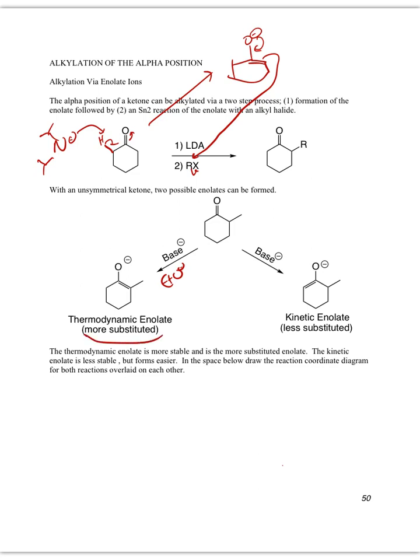The thermodynamic one is more substituted, more stable. The kinetic one is less substituted and is the easier one to form. And it just depends on what type of base we use. LDA would form the kinetic enolate, partially because of the size, partially because of how strong a base it is, whereas ethoxide forms the thermodynamic enolate.